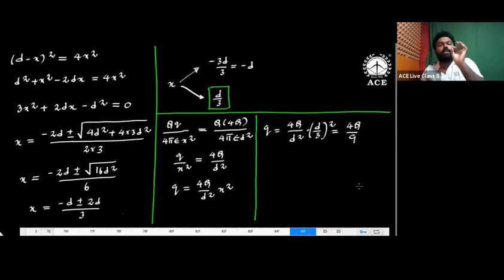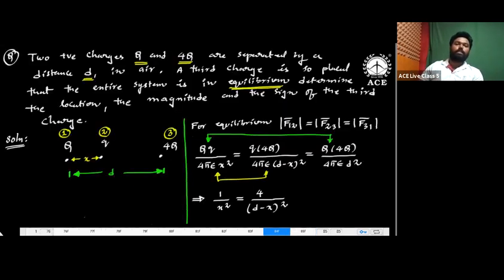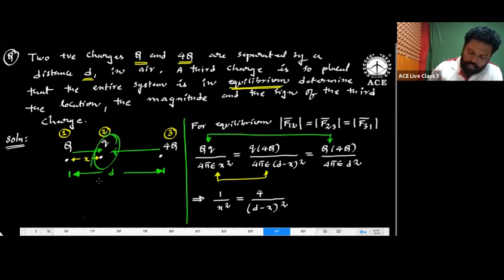But what must be the sign of the charge q, beta? The sign of the charge q must be negative, isn't it? So this is only the magnitude. The actual sign of the charge q must be negative. Then only the force will come from here to here. The forces will meet and they will cancel out. Yes or not?